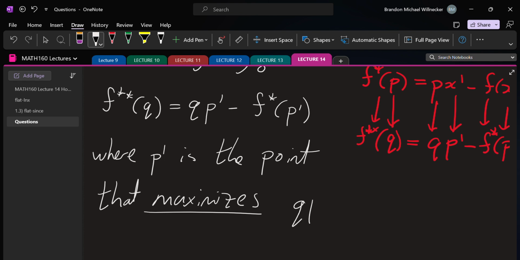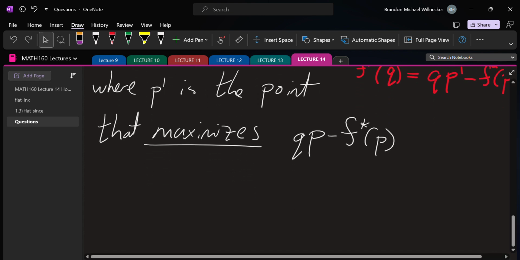It maximizes that distance that we had. So it maximizes qp minus f star of p. Okay. Previously, this would have been p x prime minus f of x prime, right? But now we're using the new variables.